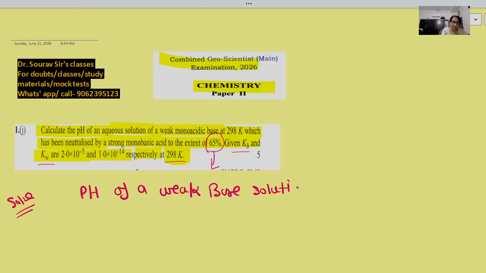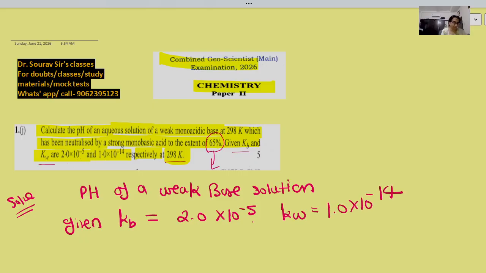In this question, the given values are Kb equal to 2.0 × 10^-5, and Kw equal to 1.0 × 10^-14 at 298 Kelvin, respectively.